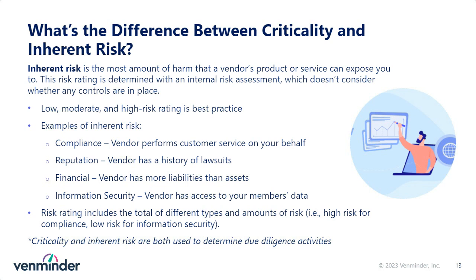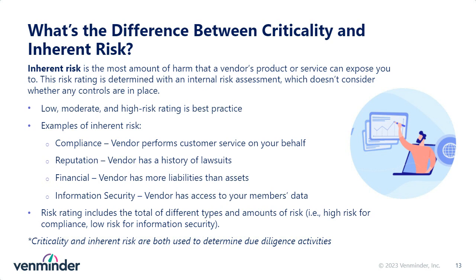Inherent risk can also relate to the vendor's financial health or its reputation from lawsuits or negative employee reviews. One of the most important things to remember about inherent risk is that it doesn't change throughout the vendor engagement. So if you determine that a vendor is inherently high risk, it should always be treated as a high-risk vendor.